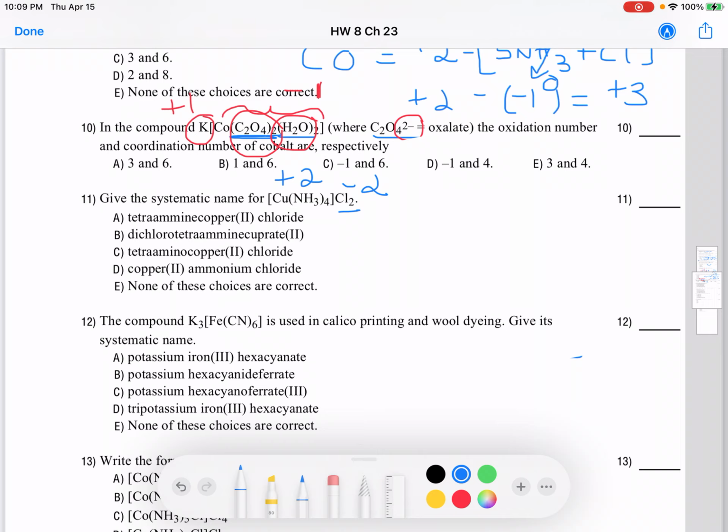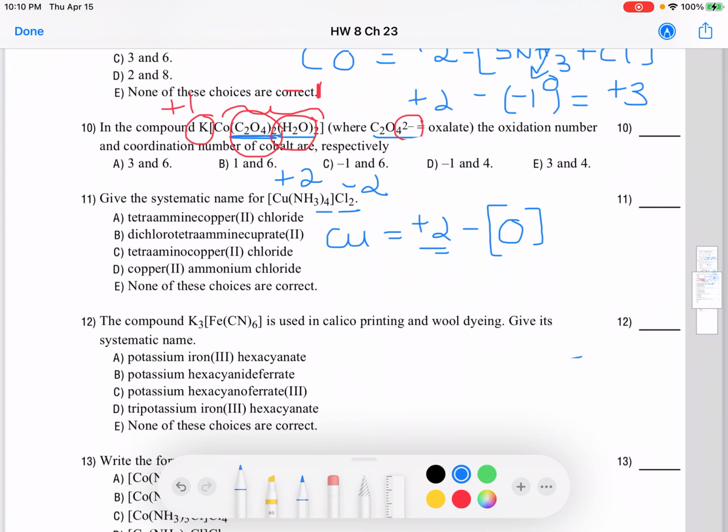To find the charge of the copper, +2, you subtract the charge of the ammonia. Ammonia is a neutral ligand, so its charge is 0. So copper is +2. Then we write the name.